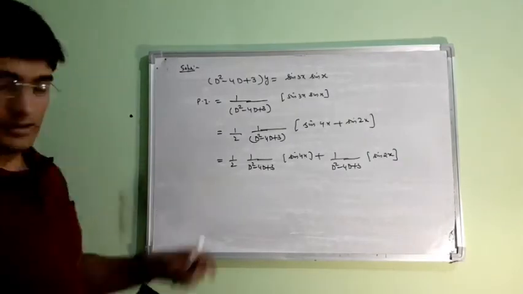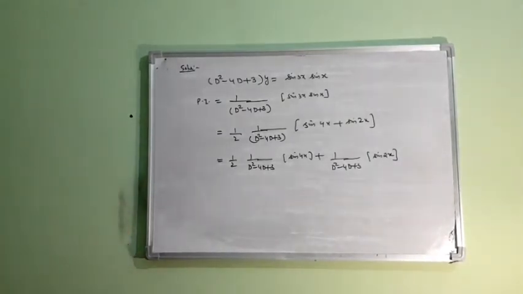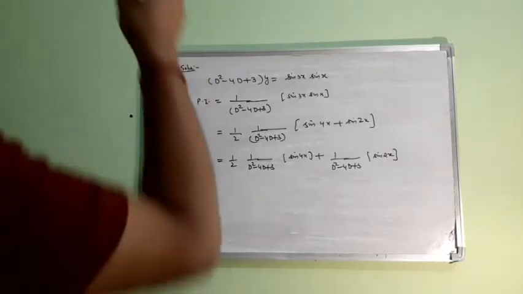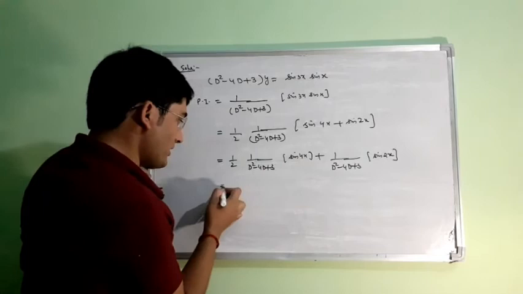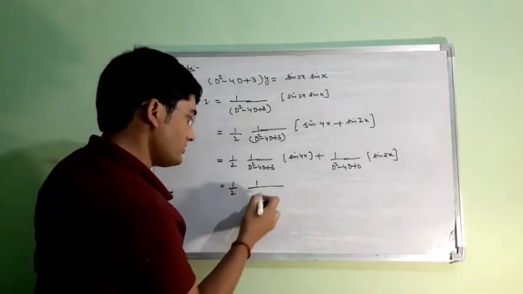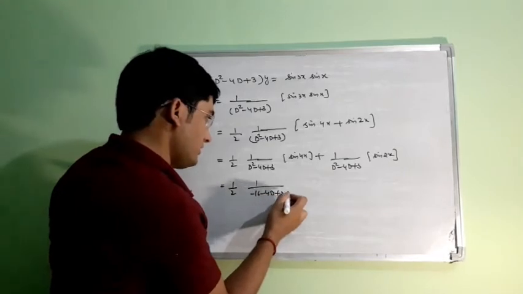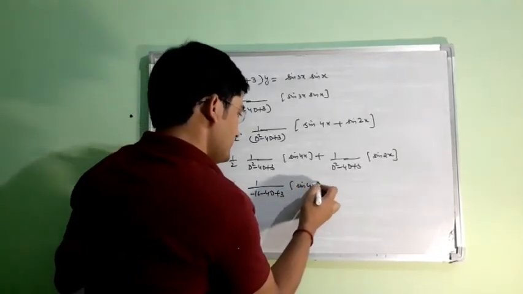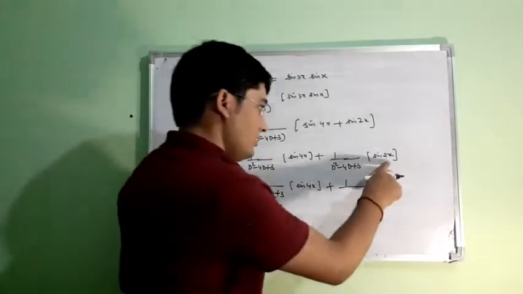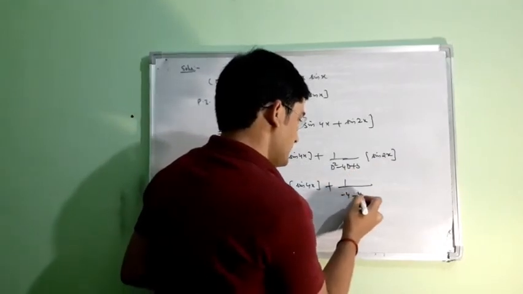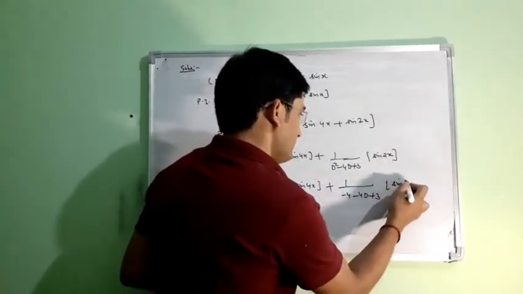Now here we will replace our D square by minus a square. So this will be minus 16 minus 4D plus 3, then in the bracket we have sine 4x. Then your D square is minus 4 because we will replace our D square by minus a square. So this will be minus 4 minus 4D plus 3 of sine 2x.